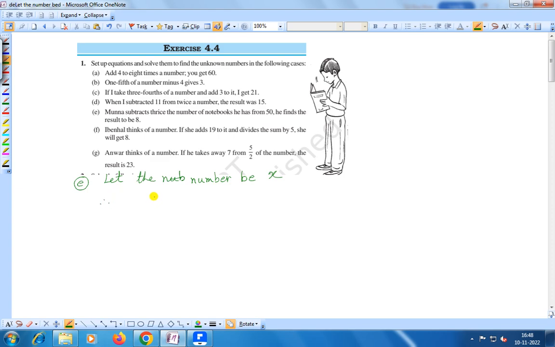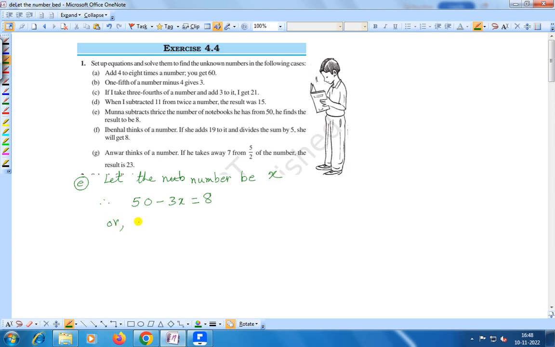Therefore, Munna subtracts thrice the number of notebooks he has from 50. That is 50 minus 3x is equal to 8.